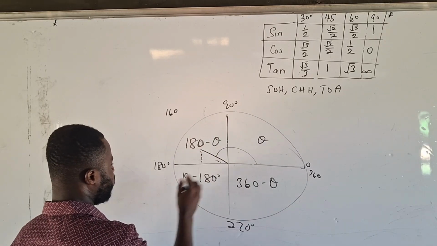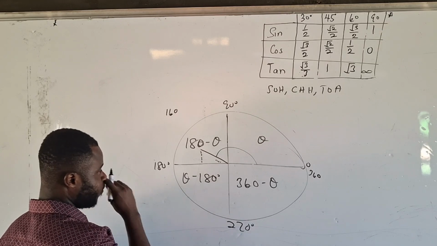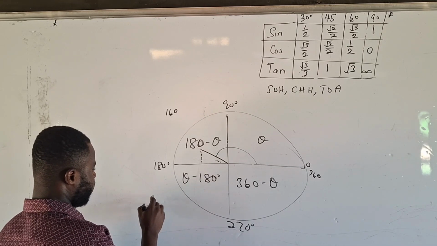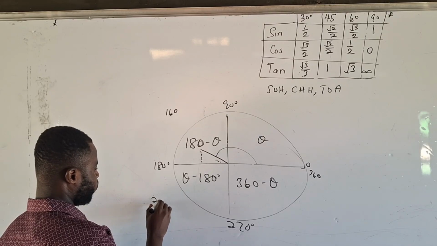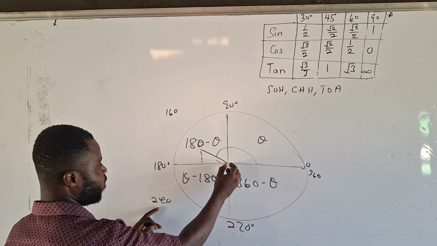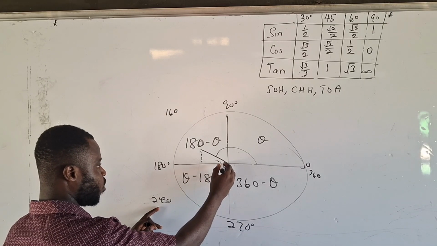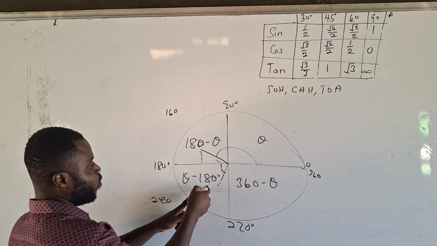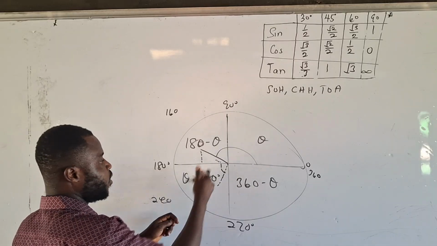And the same way, if you are looking for an angle like, let's say, 240, 240 means from 0 here to this side. So we look for the angle it makes with the x-axis. That's why we subtract 180 degrees from it, the same as here.